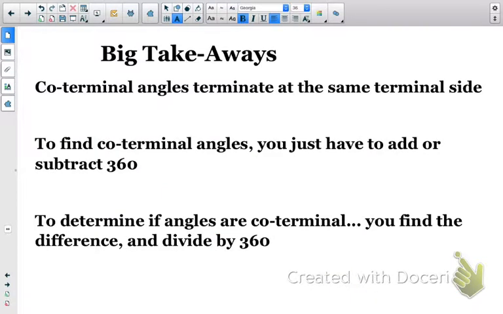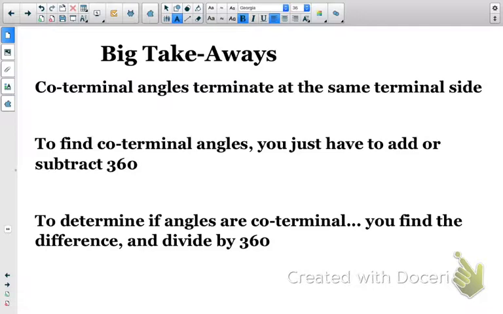Okay, so the big takeaways from this video are that coterminal angles always terminate at the same terminal side, so they end at the same spot. Another thing is, to find coterminal angles, if you're given an angle, you just add or subtract 360 to that angle and you'll find the other coterminal angles.